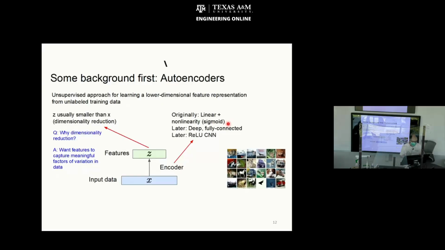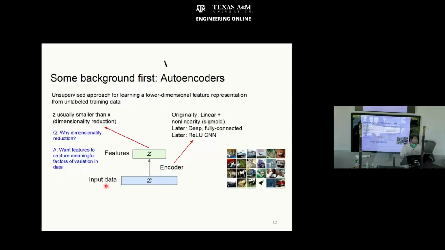So again, we are trying to get this Z. Usually this Z, the latent dimension, is much lower dimension compared to X, and this is very useful for dimension reduction, right? In this sense, you can learn meaningful features that capture what the data is about. This replaces or enhances labor-intensive feature engineering.